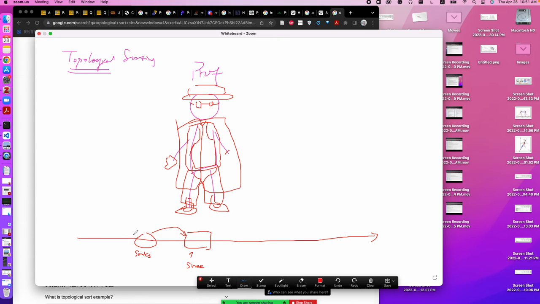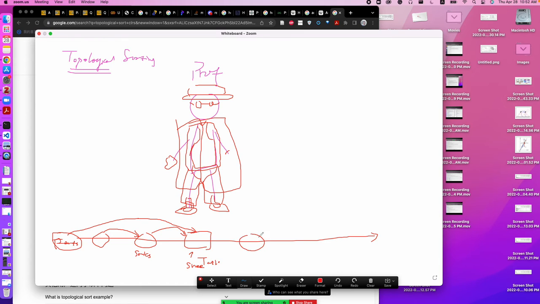Before wearing the socks, maybe I should go to the restroom, maybe wash my face, something like that. And then I wear the socks, and then I wear my shoes. But before I wear my shoes, another one is I should wear my pants. So that means you have some priority before this task is handled.